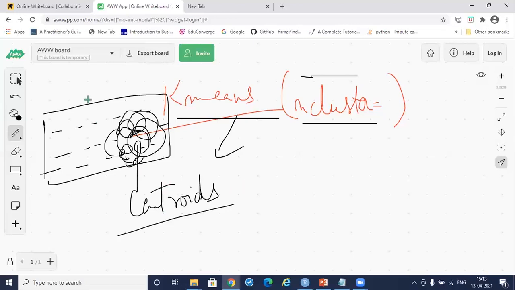Suppose I have a data set, for example a clothing data set. Suppose there is a manufacturing company making daily clothes, and they make two types of clothes regularly, smaller clothes and larger clothes.